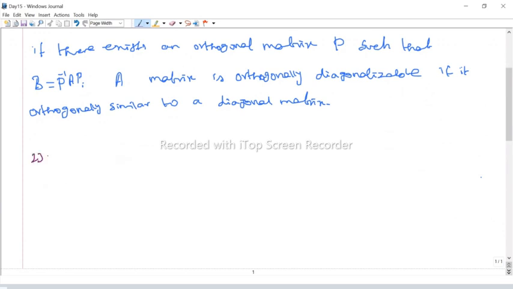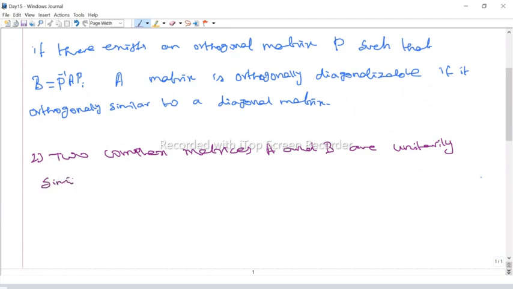Definition: two complex matrices A and B are unitarily similar if there exists a unitary matrix U. What do we mean by a unitary matrix?